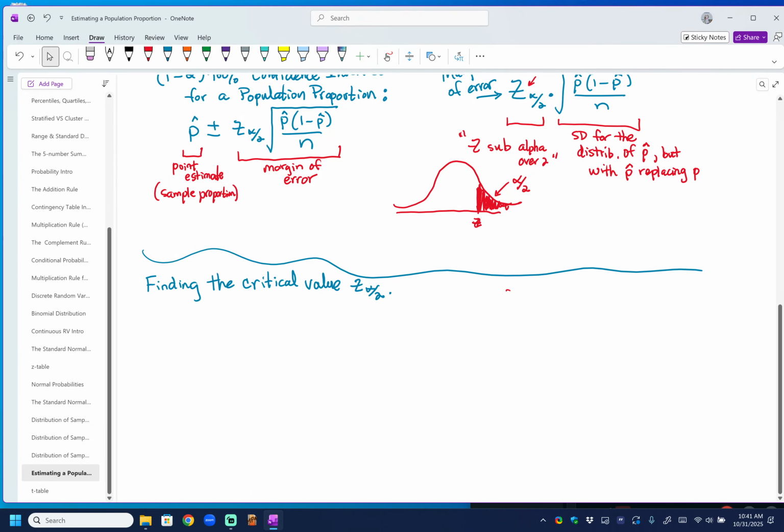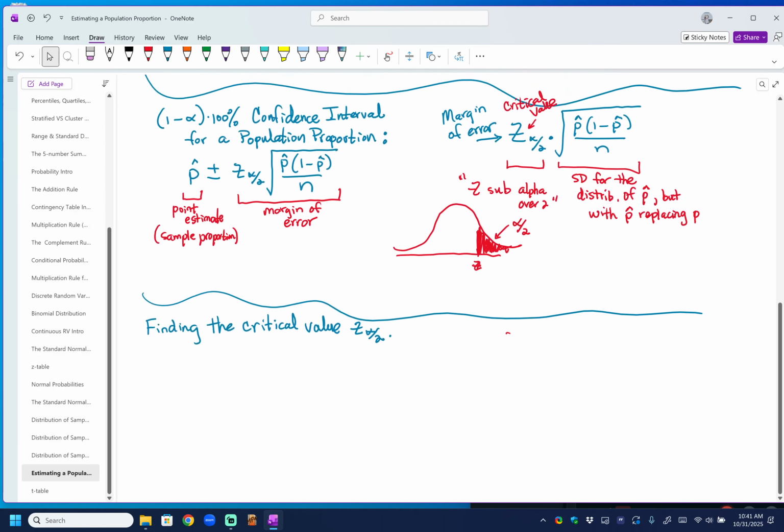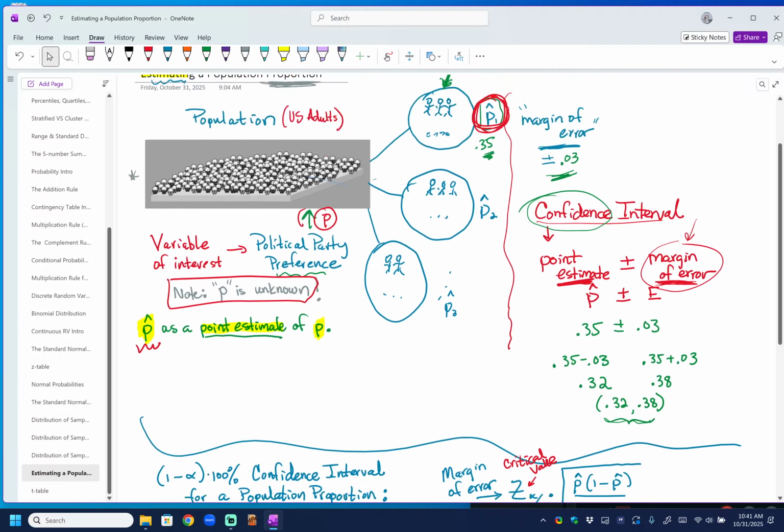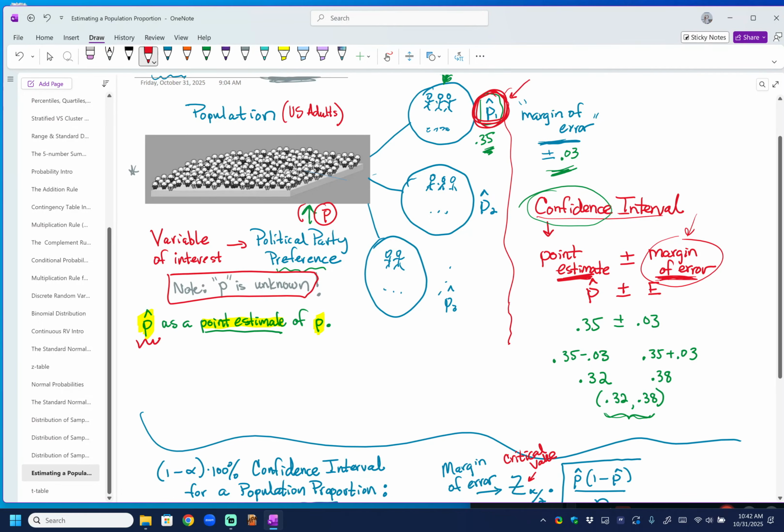In every confidence interval problem that you do, there is going to be something called a confidence level associated with that interval. The confidence level is what it sounds like. It's the amount of confidence you have in your interval. So just remember that we are using a sample proportion to estimate a population proportion.